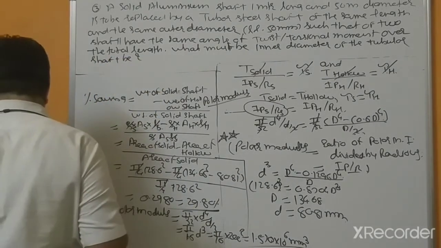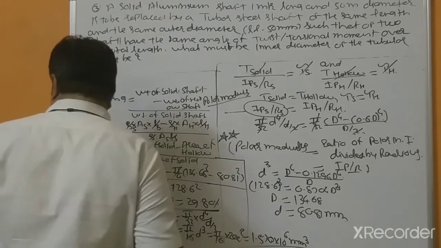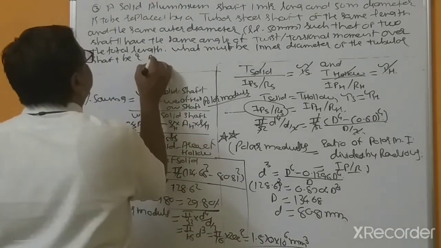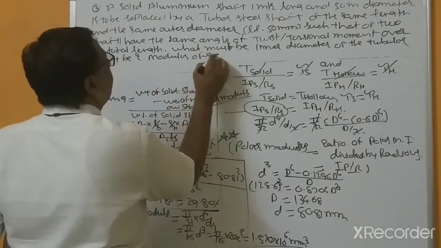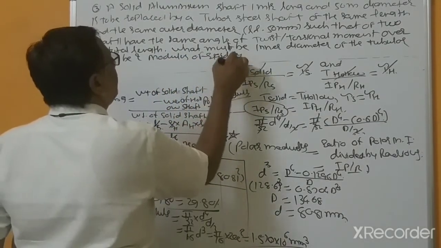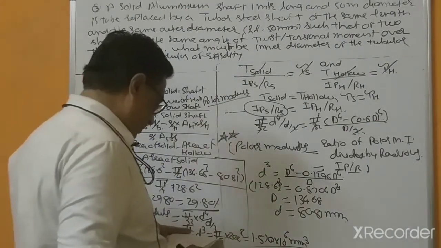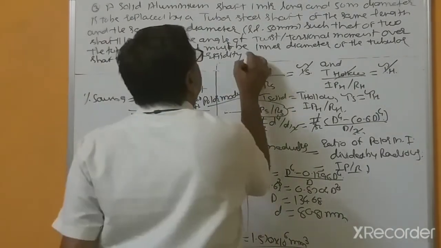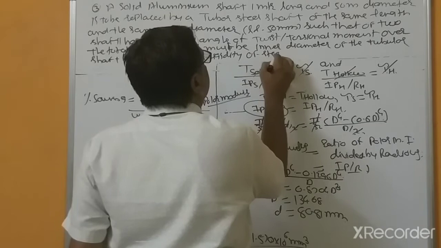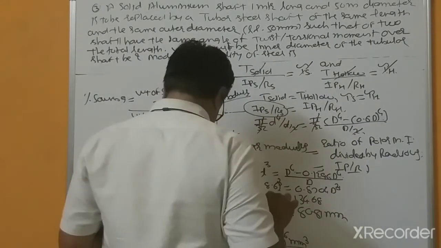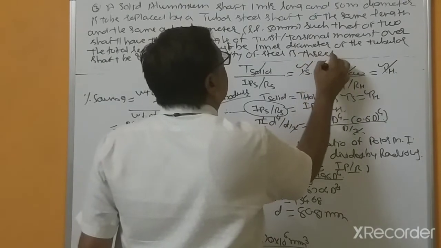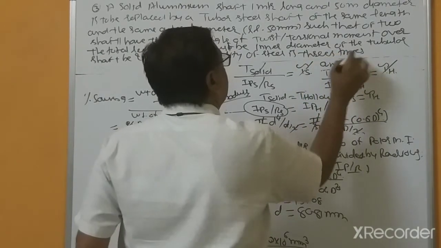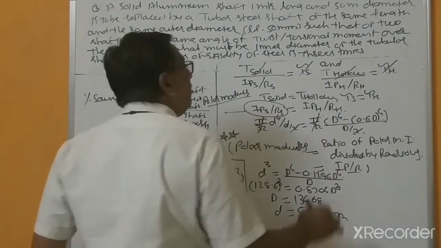Being modulus of rigidity of steel is 3 times that of aluminum.